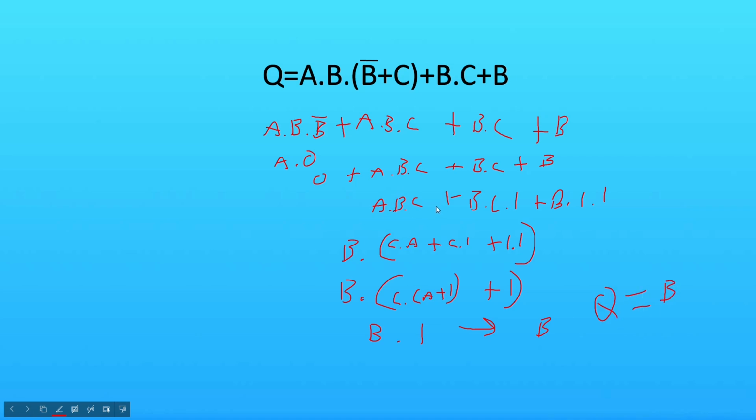Now what happens if we factored out the B AND C instead of just the B? So of course we can do that. So B AND C, and then in this one we'll have A OR the 1, or we're just going to write this as B over here because we won't bother. We can't take out B AND C from this one, we can only take out B. So we'll just leave this on the end like that.